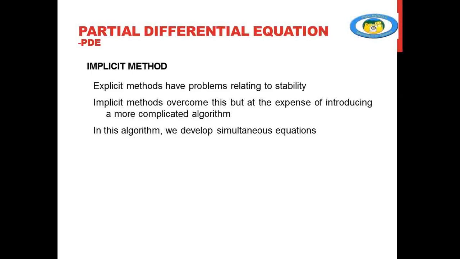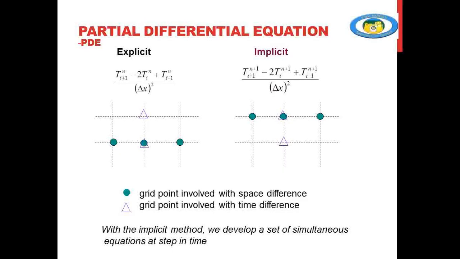For example, in the case of explicit schemes, the grid point involved with the spatial difference is at the known temporal scale, and then we are supposed to find out the grid point involved in the time difference at the unknown time. The unknown time is going to be expressed using known times in the explicit scheme. So using n, you're supposed to find n plus 1 here.